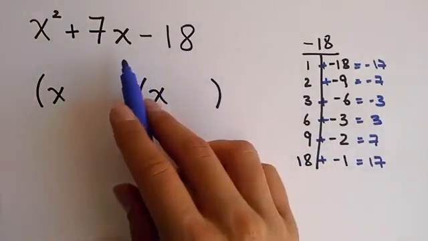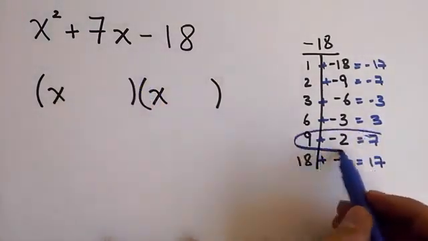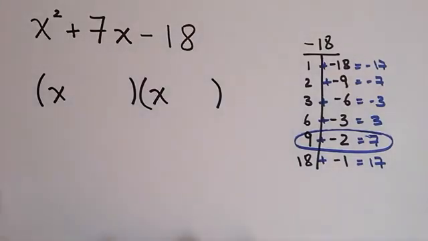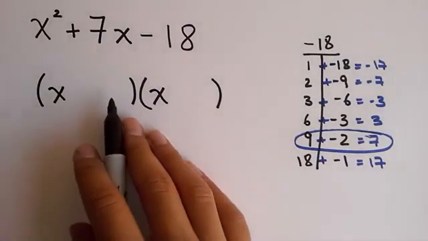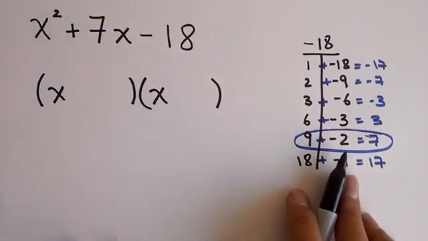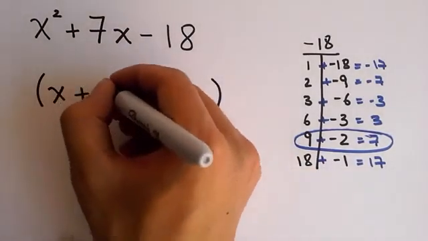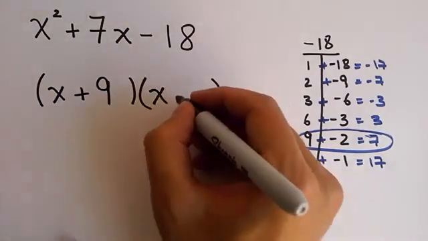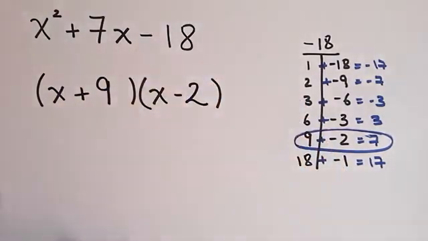So you see that the pair that gives you a positive 7 are 9 and negative 2. Once again, the numbers that you copy here go exactly with the signs that you found in your factor table. That means you have one parenthesis that is plus 9 and another parenthesis that is negative 2.